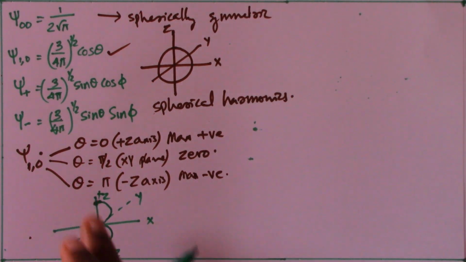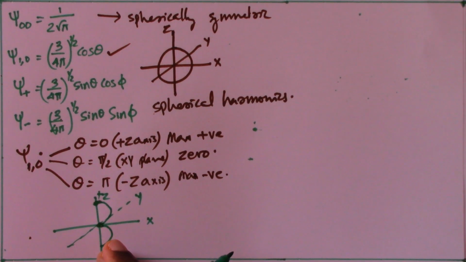And that is how we plot the function in the coordinate system. You have to note here that it depends only on theta, not on phi. Phi is the angle on the xy plane. Phi represents the angle from the plus x direction.